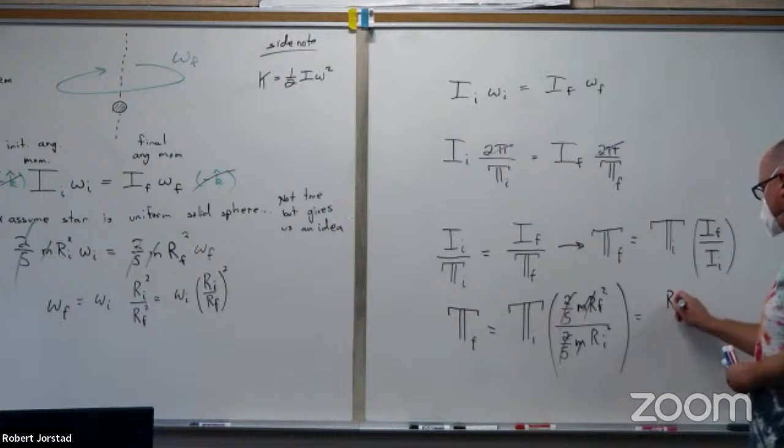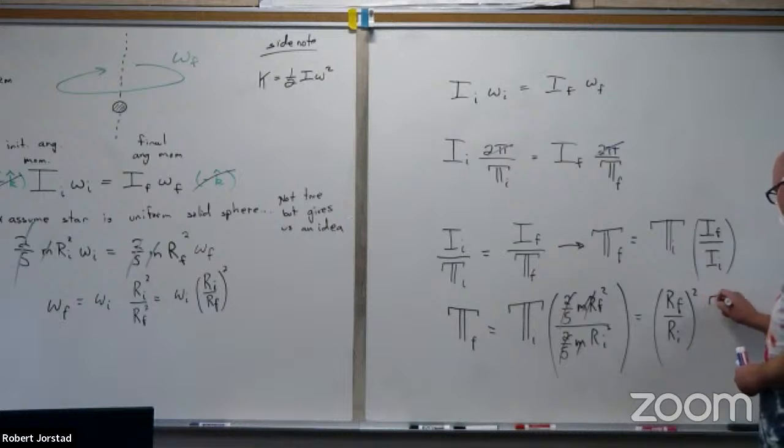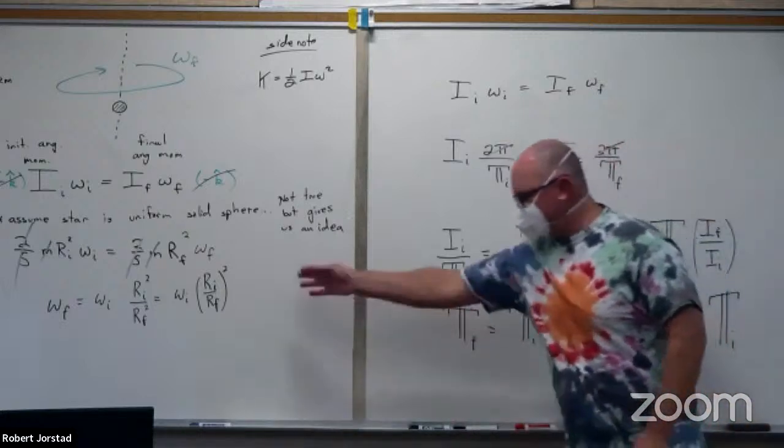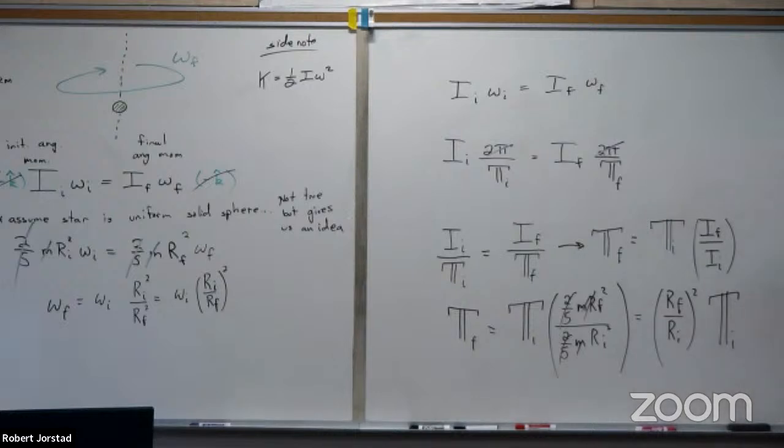That's going to be radius final over radius initial quantity squared times the initial period. So if I wanted to get the RPMs, I'd use this. If I want to use the period, we'll do this. Well, let's go ahead and punch in some numbers on this.